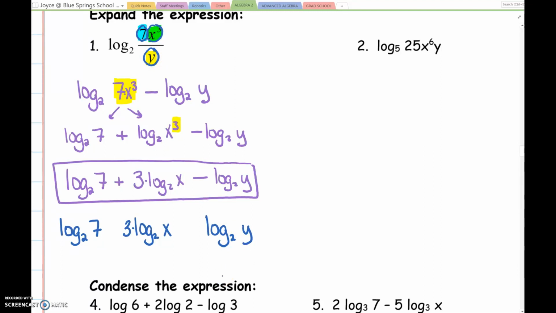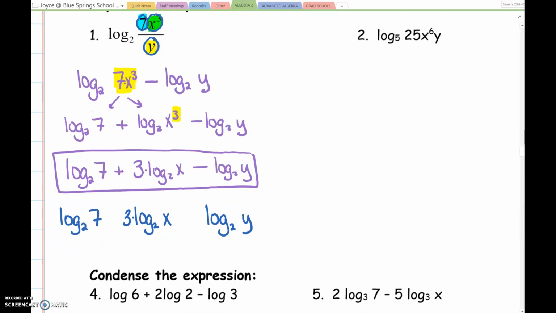Okay, the true shortcut is, if it started out on top, it's in a positive log. If it was on the bottom, it's a negative log. So the y was on the bottom, so that log needs to be negative. Put a negative in front of the log that has y in it. 7 and x to the third were both on the top, so both of those are positive. You don't need to put a plus in front of the first one, that's just assumed.